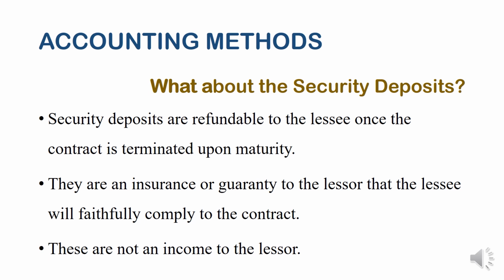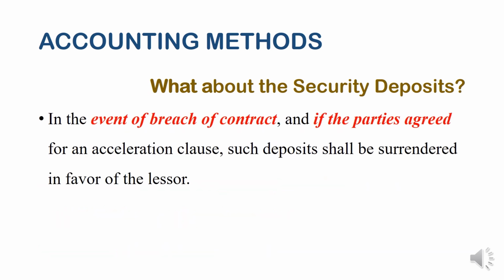This, again, is not an income to the lessor. However, in the event of breach of contract, and if the parties agreed to an acceleration clause, for example, if the lessee defaulted on payment, say 1 year or 2 years of non-payment of the annual rent, the lessor will use the security deposit as payment for the defaulted rent.